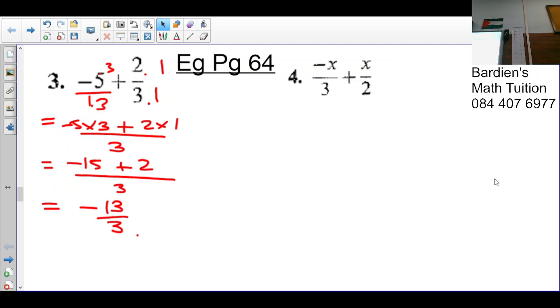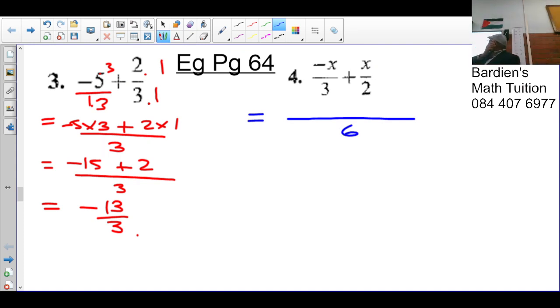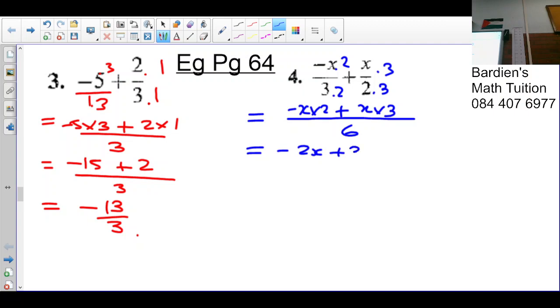How did you get that? What's your LCM? 6. Yes. For 3 and 2, 6 is the smallest number which both can go into. So 3 times what is 6? 2. So it's going to be negative x times 2 plus that times 3. So it's x times 3. So what is negative x times 2? Negative 2x. 3 times x, 3x over 6.